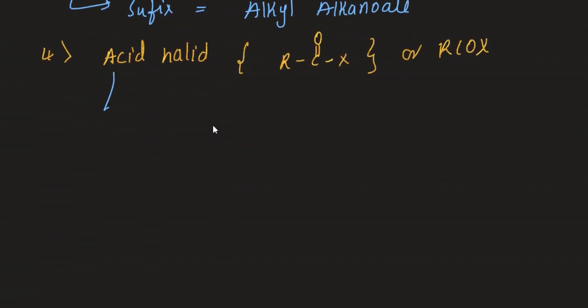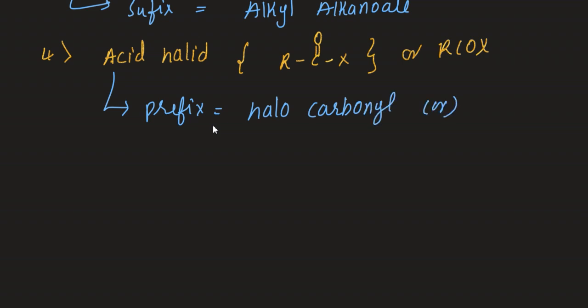So when acid halide is acting as a prefix, its name is nothing but halocarbonyl. Or one more name is there, haloformyl.